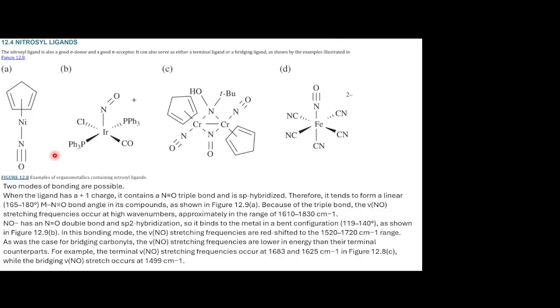If you have something that can stabilize those lone pairs, then this is going to become a more prevalent canonical structure, right? And that's what we're seeing here. We have this fairly charged metal that's going to be able to stabilize that lone pair. And you're seeing another example here where we have two of the chromiums stacked together to stabilize those electrons.